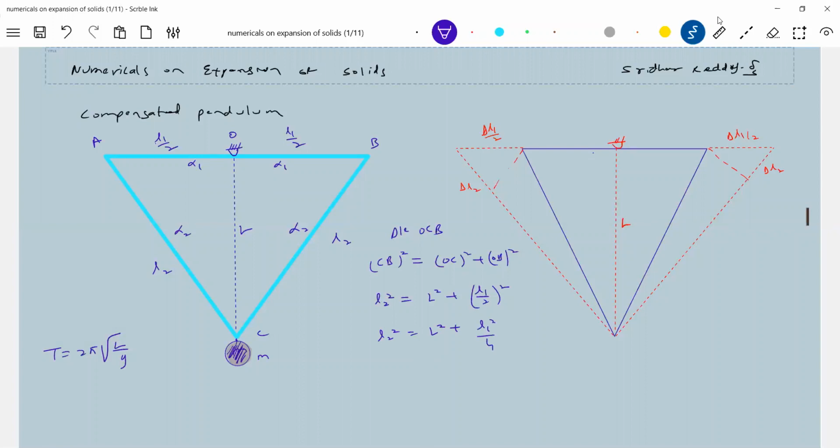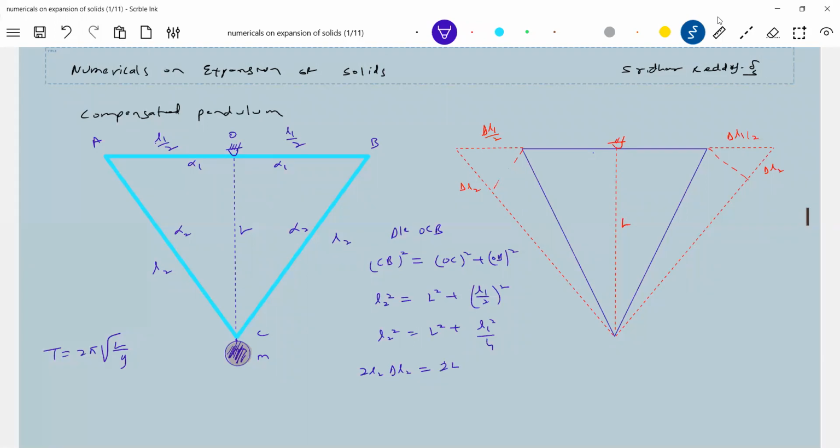Now, as I raise the temperature, definitely both the rods, AB and AC, will expand. So is L2 a constant or variable? It's a variable. Let me differentiate this. So 2L2 delta L2, L must be constant, no?